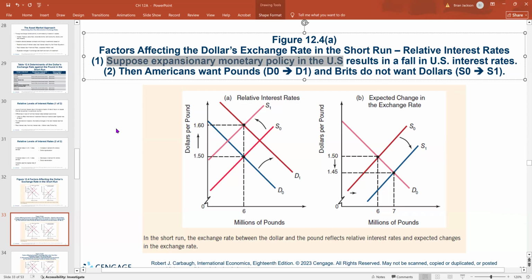So in this case, maybe the Federal Reserve announces a plan toward expansionary monetary policy. That is, to print a bunch of money going forward for a period of time. Well, that will result in a fall in U.S. interest rates. Okay. So interest rates, you should know from your previous courses, have this inverse relationship here.